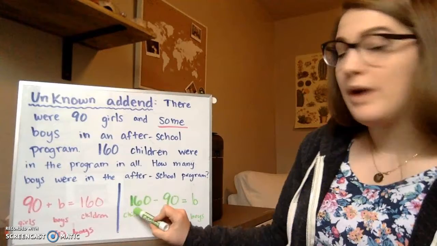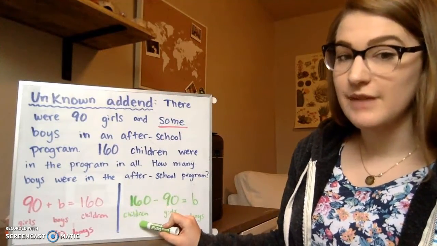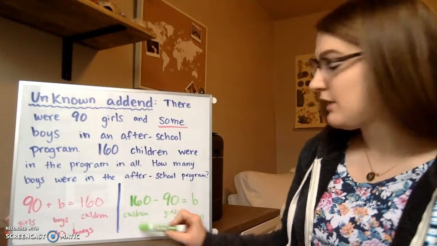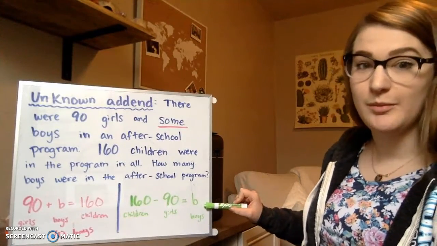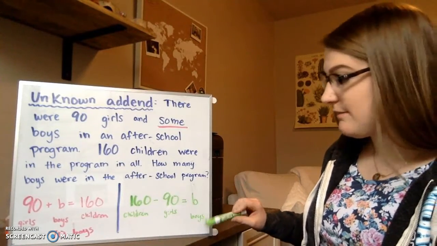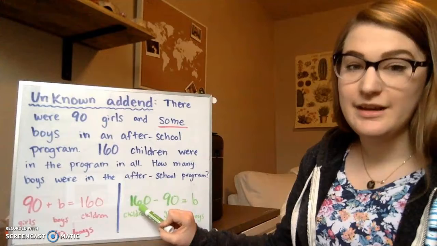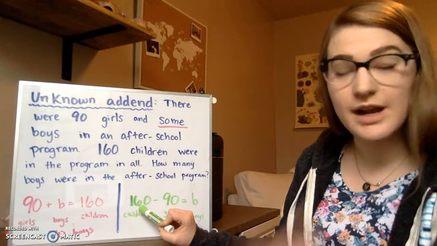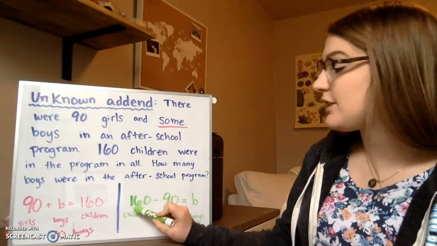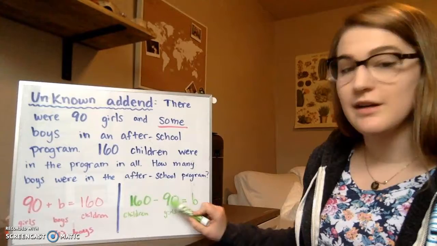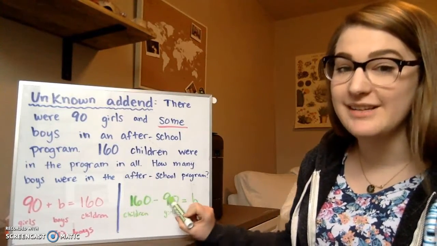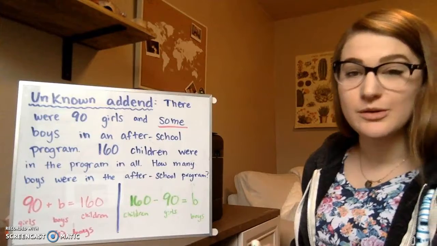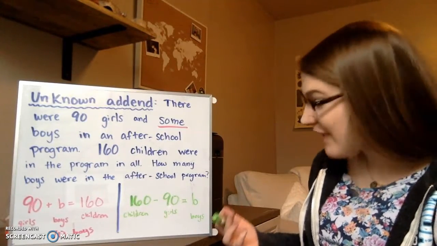So where 160 represents the number of children, 90 represents the girls, and our variable B represents the boys. If I know that 90 from this 160 are girls, I know that the rest are boys, so I can just say that 160 minus that 90 girls equals however many boys we have left.